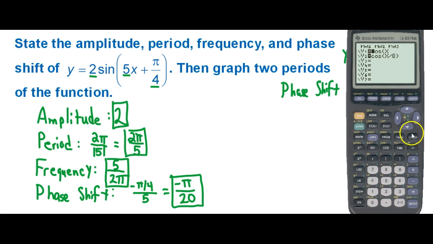When we put sine of x as our first function, then we'll put 2 sine of 5x plus pi over 4. I'm going to make sure I'm in radians. I'm actually in degrees. So make sure you're in radians. So then go ahead and zoom that in and graph the trig function.